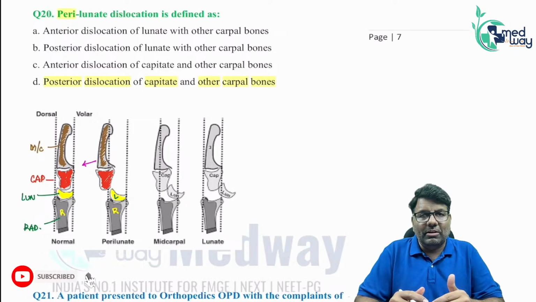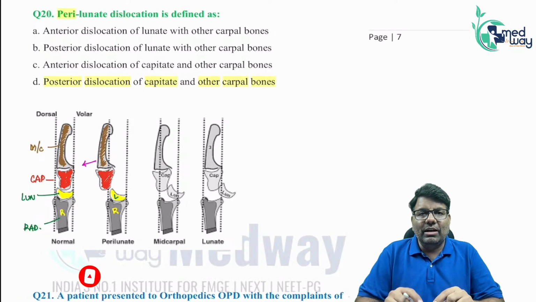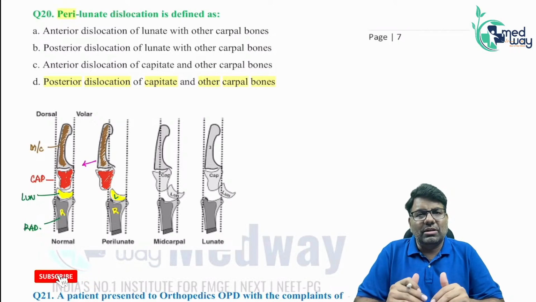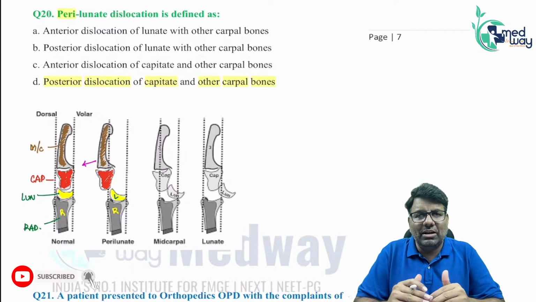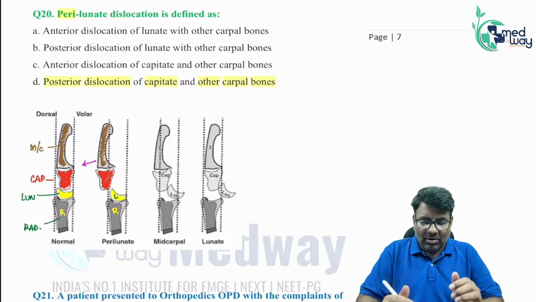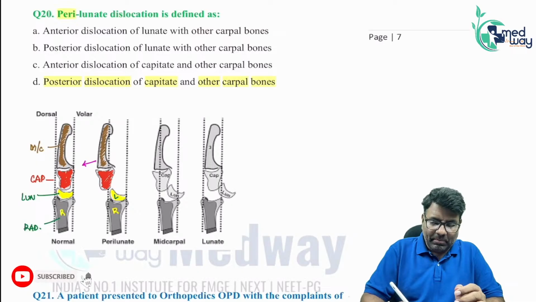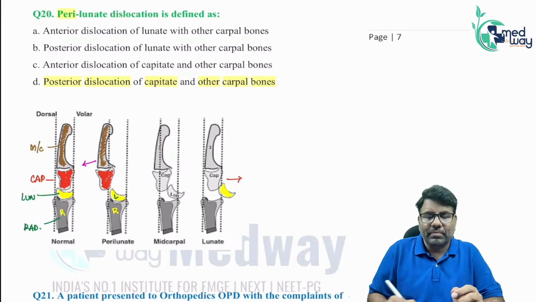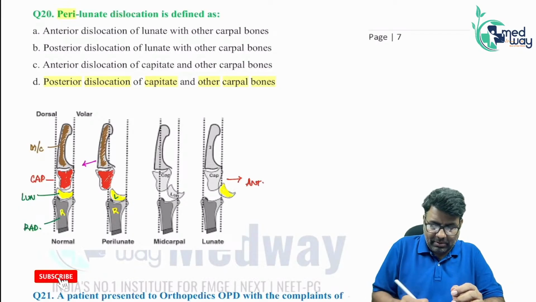Now, what will happen in lunate dislocation? This is also very important. In lunate dislocation, the isolated lunate will dislocate anteriorly, and the remaining structures, that is radius, capitate, metacarpals, and the remaining hand, all of them will remain in their right place. So in lunate dislocation, only the lunate is moving and it is moving anteriorly. Clear?